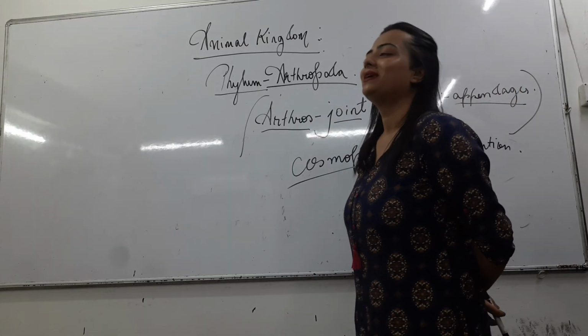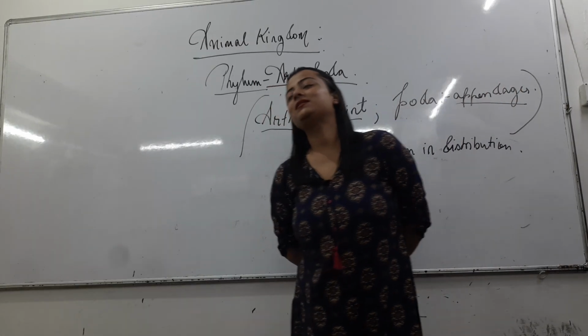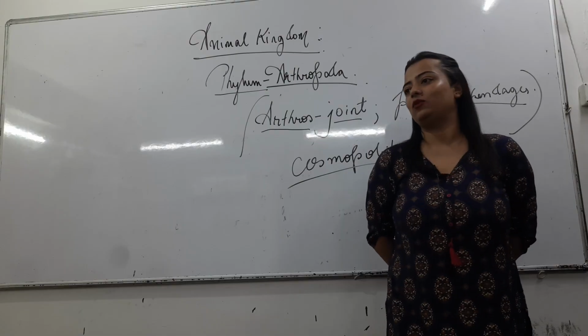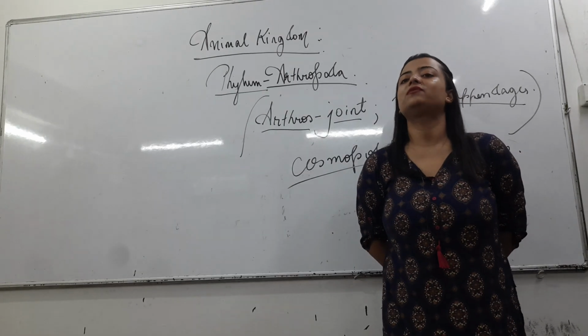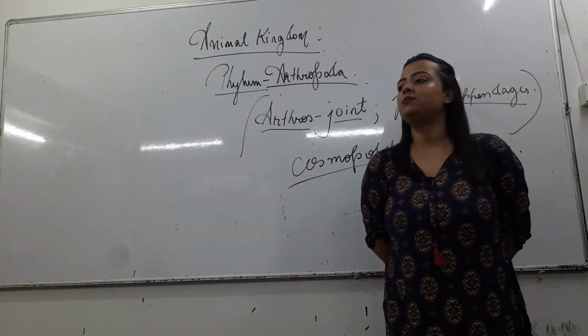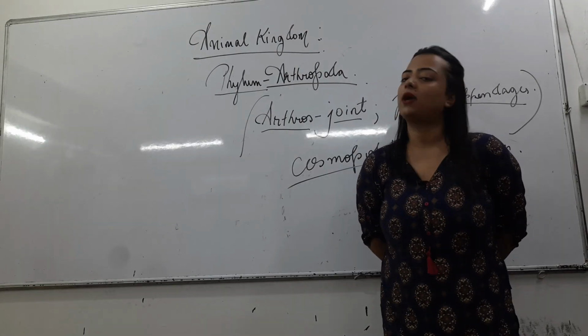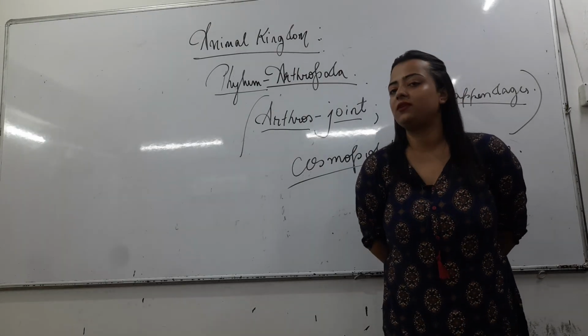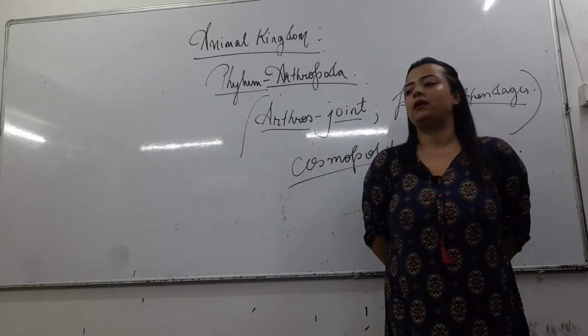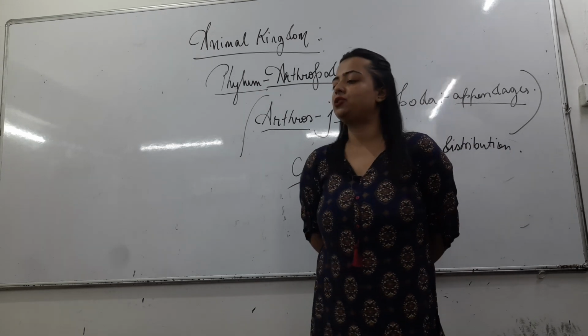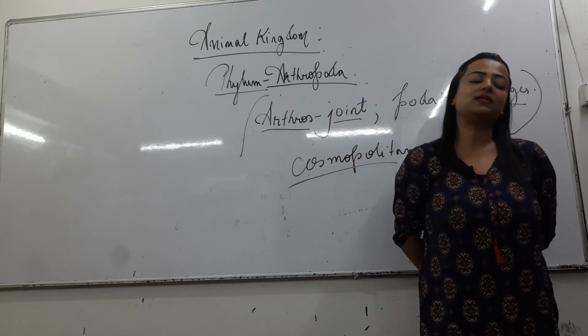Cosmopolitan means they are present everywhere. The members of Arthropoda are present everywhere. You can find them in fresh water, in marine water, in terrestrial form. So they are cosmopolitan in nature.